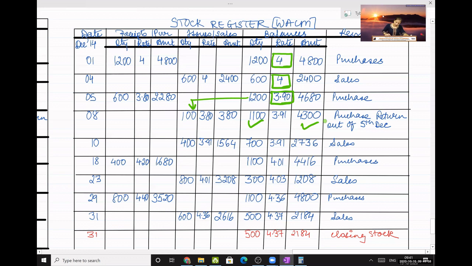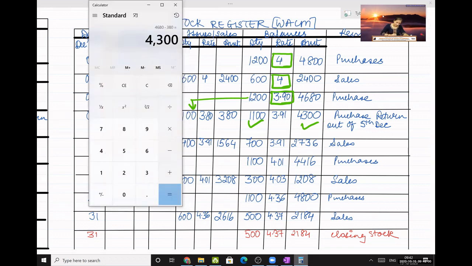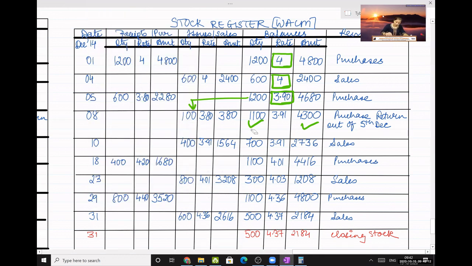And then divide. So 3.9090, make it 3.9. Okay. So this is my weighted average cost.